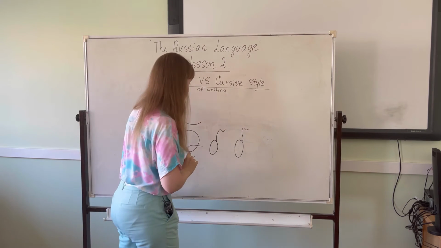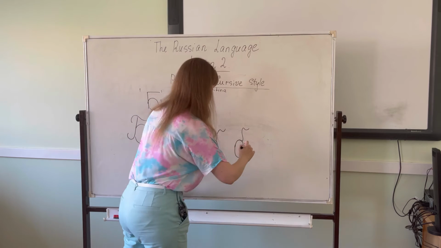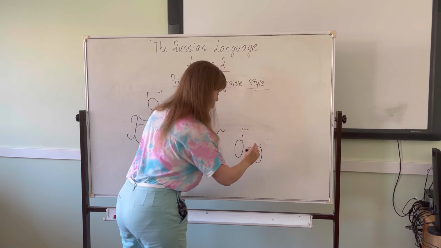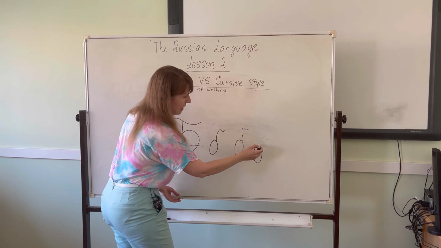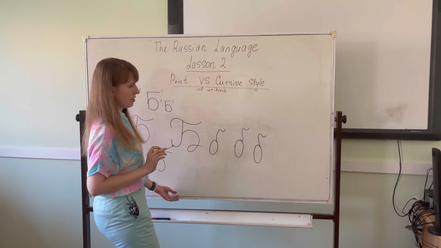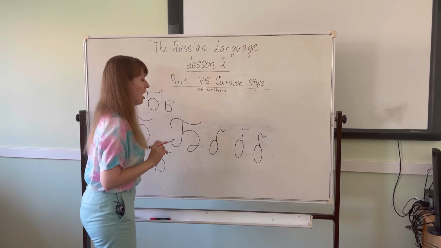Okay, keep practicing. Again, an oval, then you make a tail from the very right side of this oval, and yeah, this kind of tail, okay?